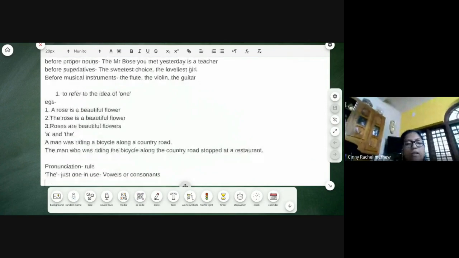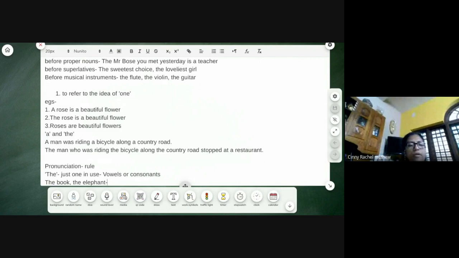But let me give you an example. The book, the elephant. You have the being used before book and elephant.